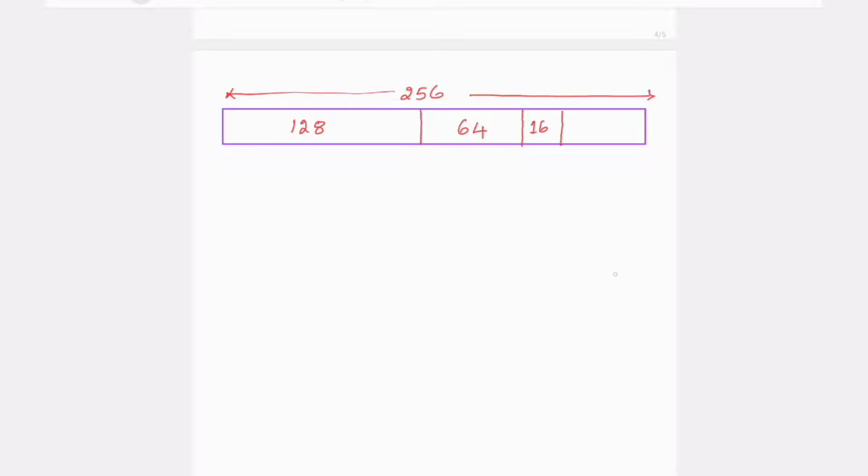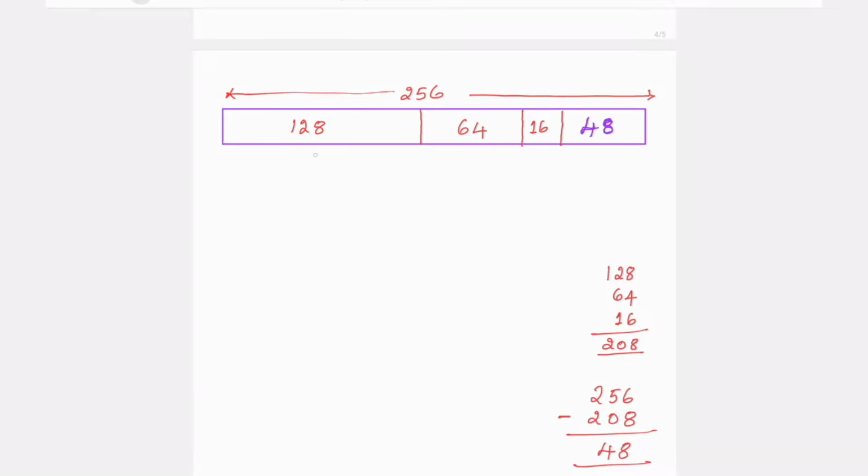So totally how many addresses has the organization used? 128 plus 64 plus 16, 208. Out of 256, 208 are used, so you subtract 208 and the remaining will be 48. 48 addresses still remain unused.